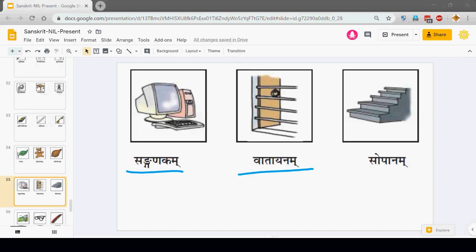We already read this before. Vatayanam. Vatayanam is window. Sopanam. Sopanam is staircase.